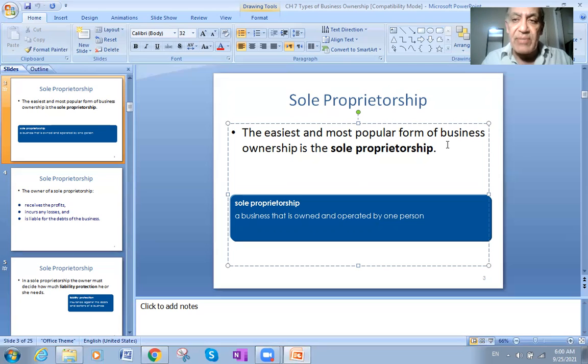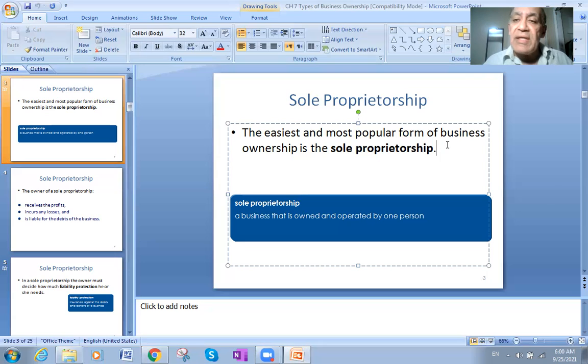The second point is that the sole proprietorship is very easy to form. In other words, it's like the convenience store around the corner, a small shop, a barber shop, or any business that is owned and managed by only one person.